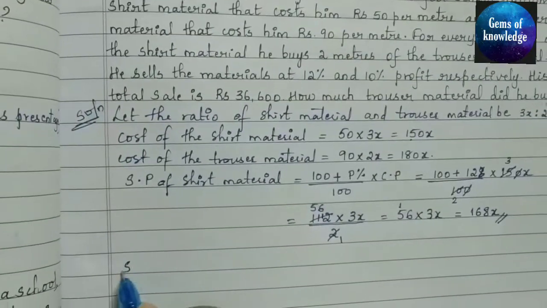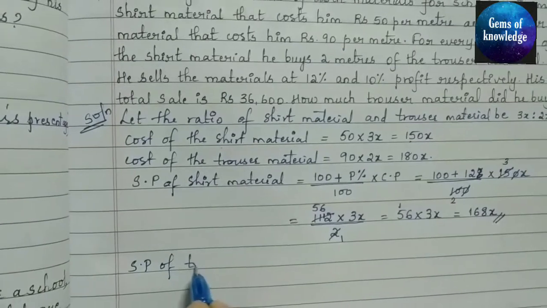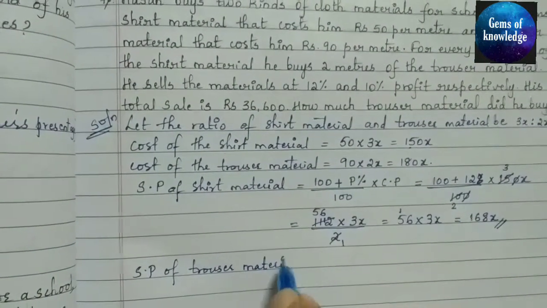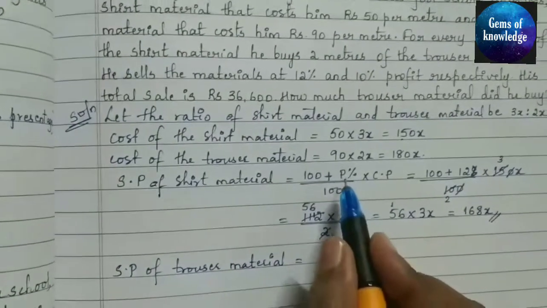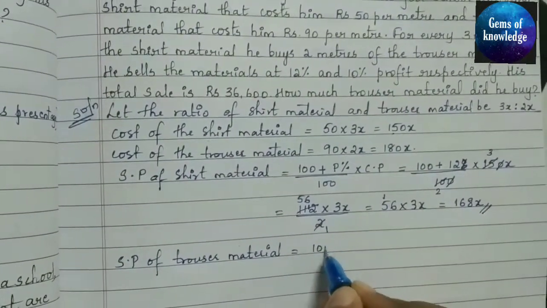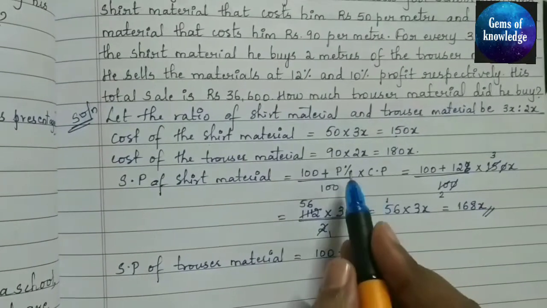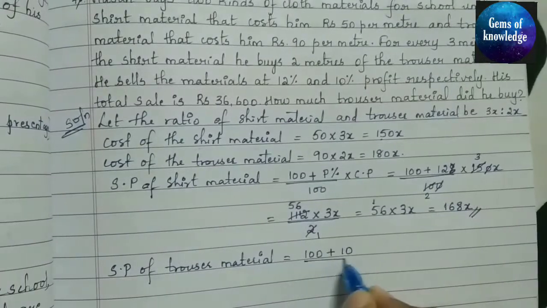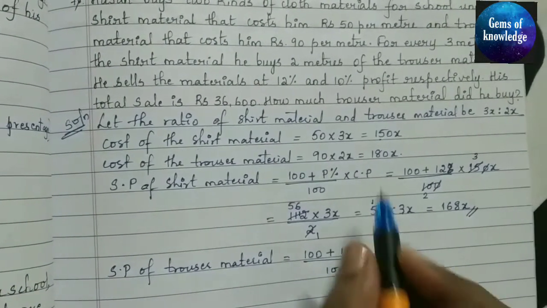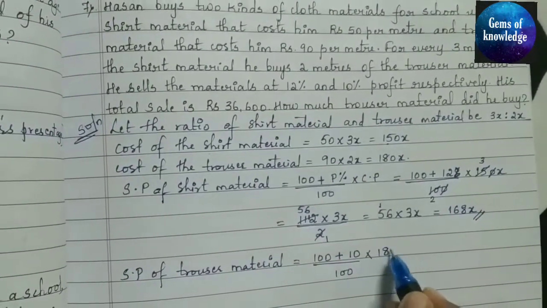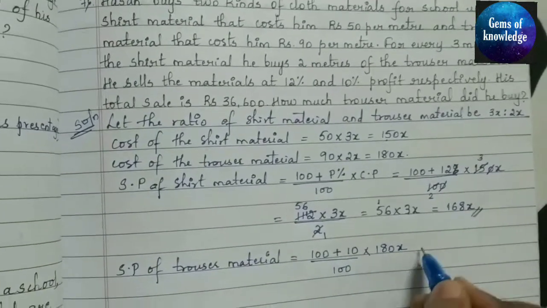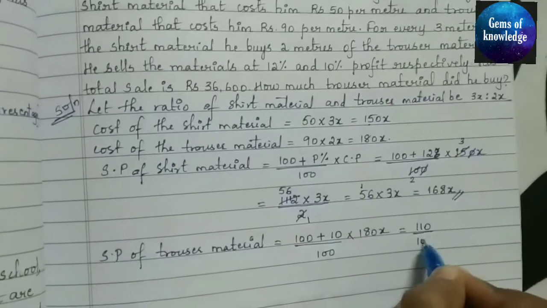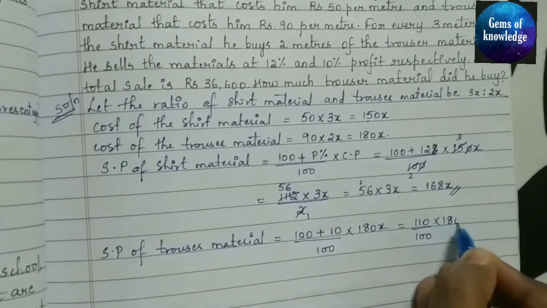Now we have to check for the selling price of trouser material. So the formula will be the same. Let us substitute in directly here. That will be 100 plus profit percentage. It is nothing but 10% here. So 10 divided by 100 into cost price is 180 into x. So here we will get 100 plus 10 is 110 divided by 100 into 180x.